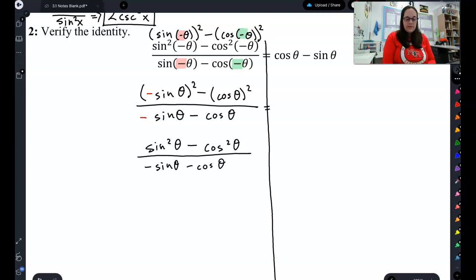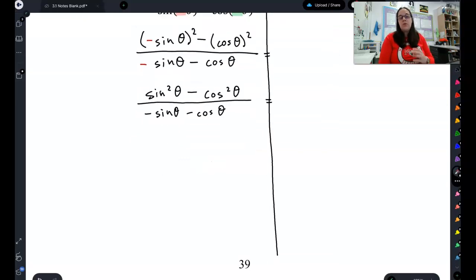So now I've got this. Now you might be inclined to use Pythagorean identity on that. Pythagorean identity only works if they're adding, not subtracting. So we have to do something different on this. So something I want you to see is that even though this looks funny, this is actually difference of squares.